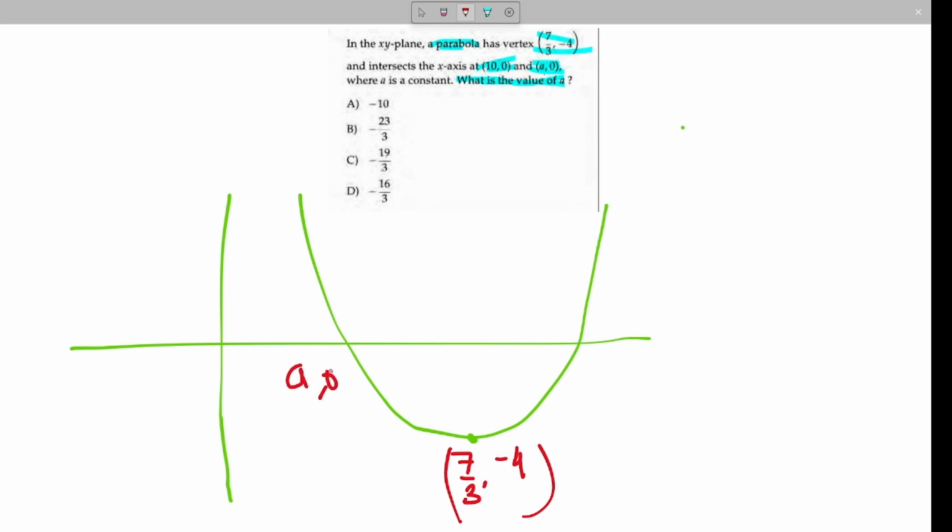Also (a, 0) is one of the x-intercepts and the other is (10, 0). These two are the points at which the parabola intersects the x-axis.